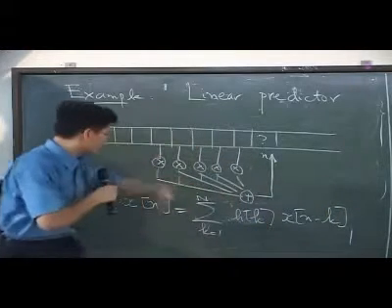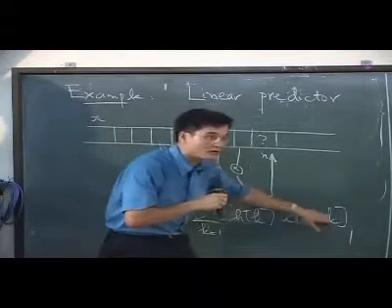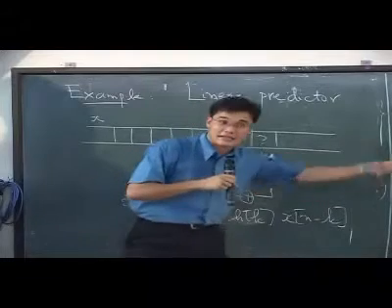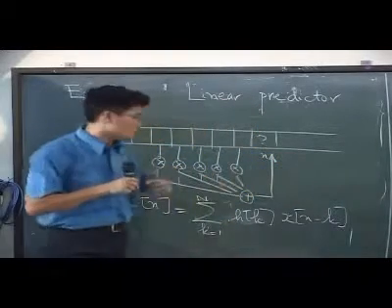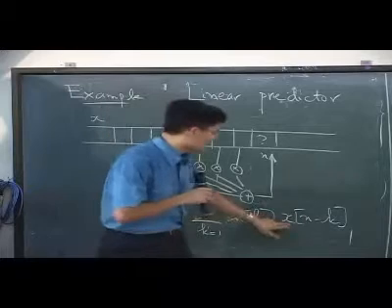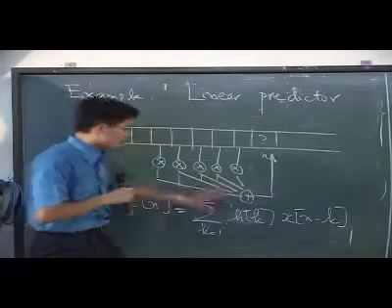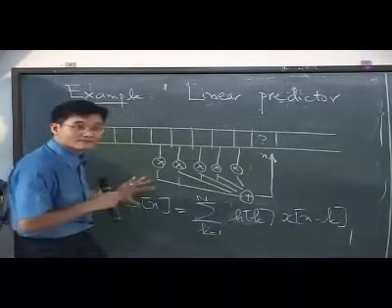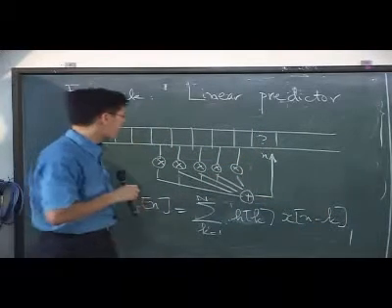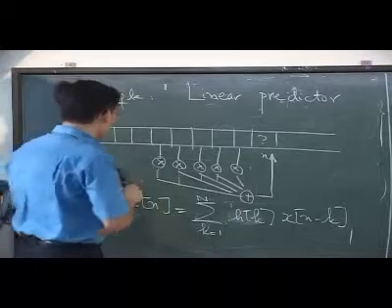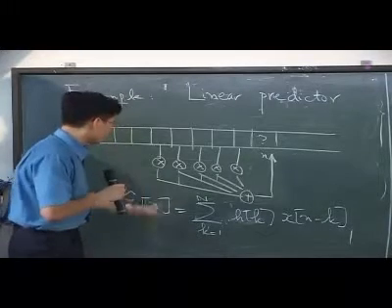So I use x of n minus 1, x of n minus 2, up to x of n minus N. I use a linear combination of the things I know in the past, and I want to predict this. So the input is this, and the output is this. This plays the role of the output.